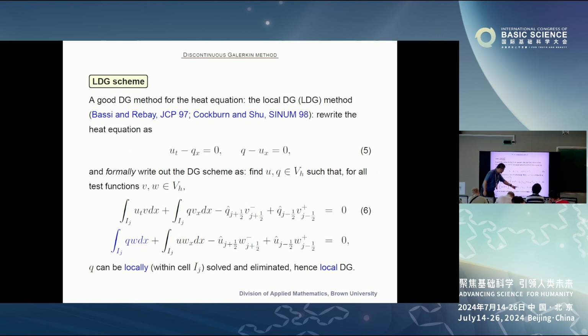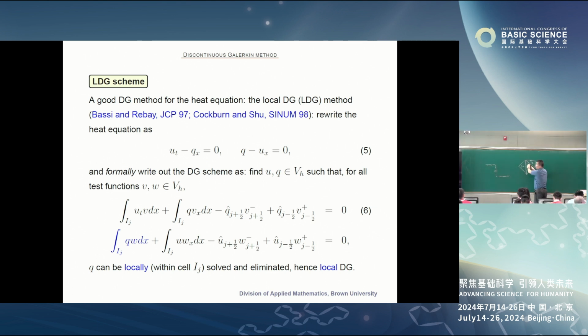These are the numerical fluxes. Local means that this q can be solved from this second equation locally. If you are in this cell, the q in this cell depends on u in the neighboring cells. That's all. So if you know u in these four cells, you can compute q. That's why it's called a local discontinuous Galerkin.